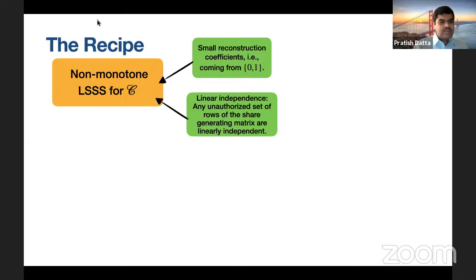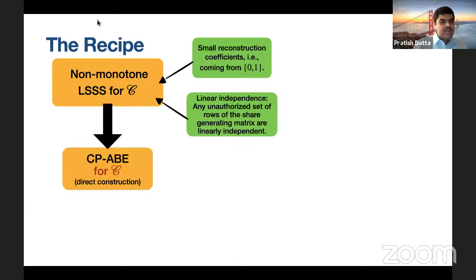This property is crucial for correctness, as we had to deal with the error of LWE. And the second property is that any subset of unauthorized rows of the share generating matrix is linearly independent. This property is also crucially utilized in the security proof of our MAABE.